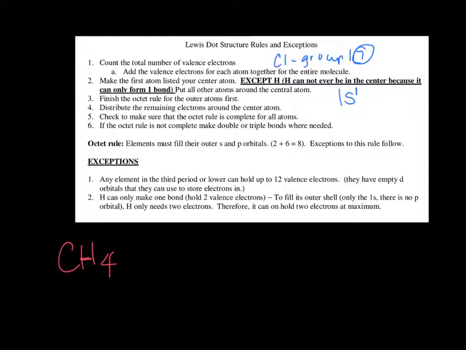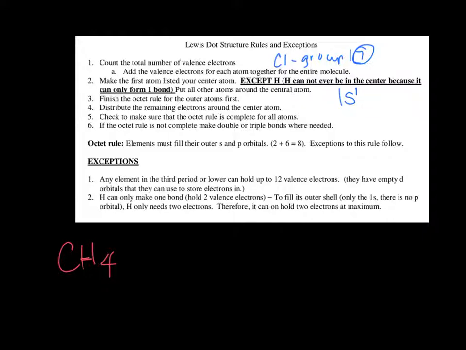We'll talk about the exceptions after we do some examples where all the molecules are following the octet rule. After we've finished the octet for the outer atoms, we distribute the remaining electrons around the center atom. We check to make sure that all of the atoms are completely satisfied with the octet rule, and if not, then we'll make double or triple bonds.